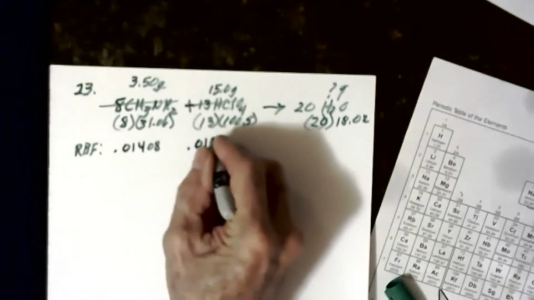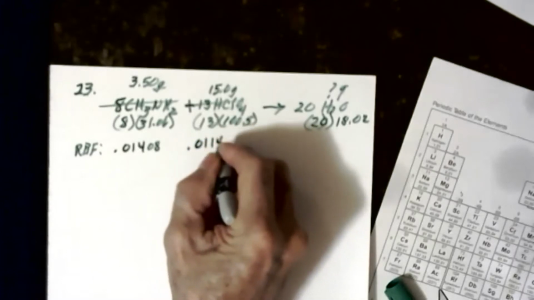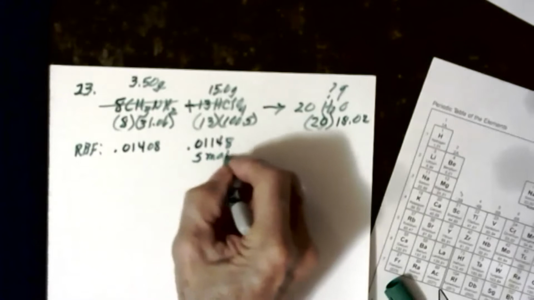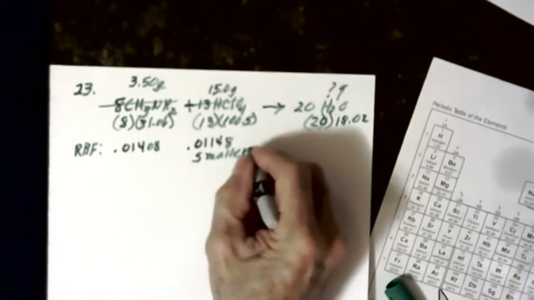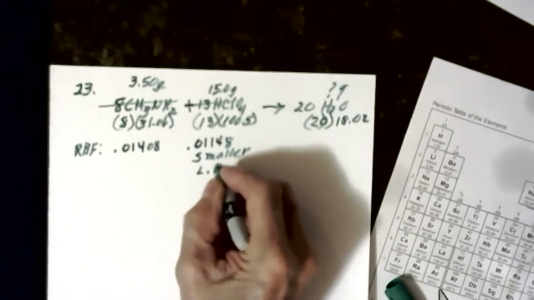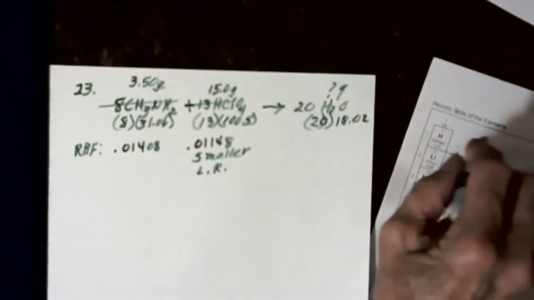I don't need that many significant figures, but I'm just going to leave them there. 15 divided by 13 and divided by 100.5. That's 0.01148. Now, if I compare this to that, this is smaller. So this is my limiting reagent. So that's going to determine how much of everything else is used.